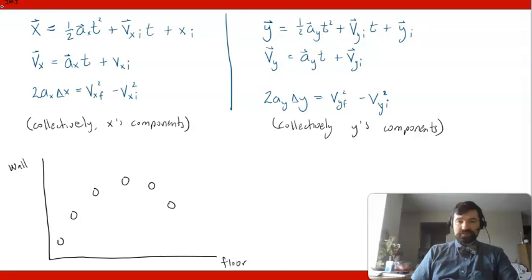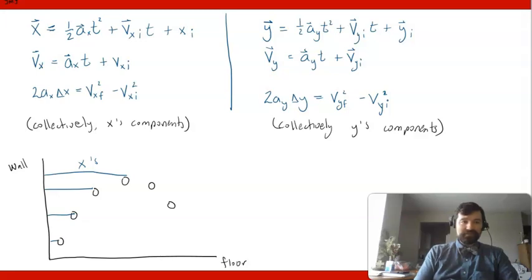So what these two equations are representing are x's and y's. This distance right here, the distance from this wall, could be represented by x as a function of time. So these would be the x's.